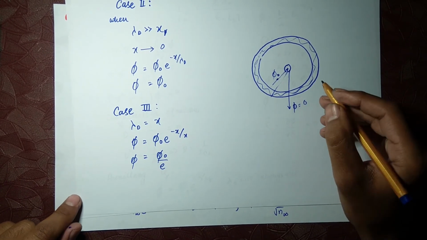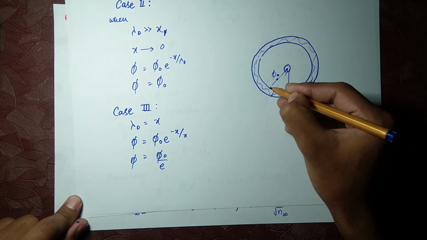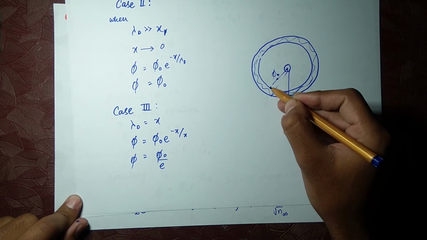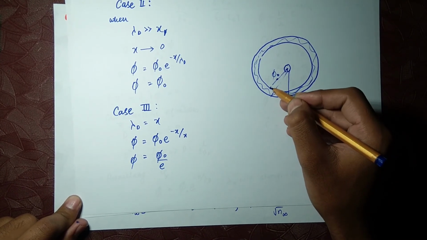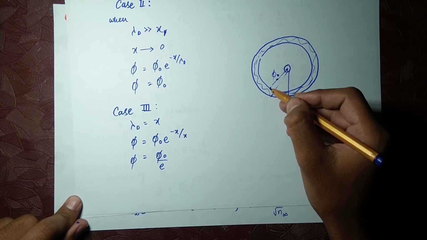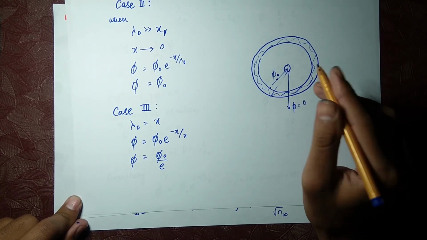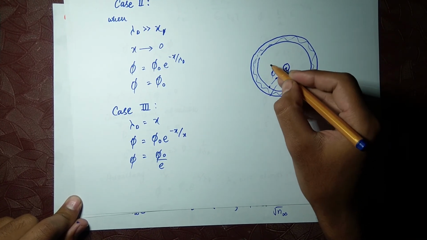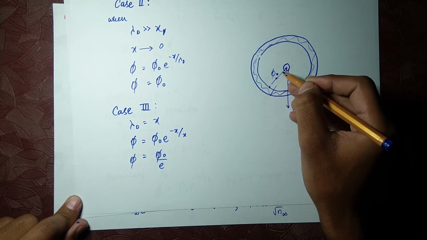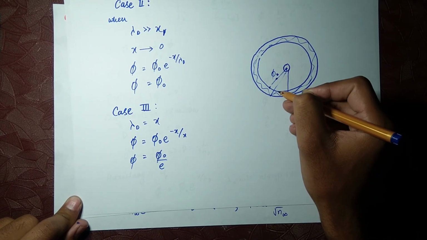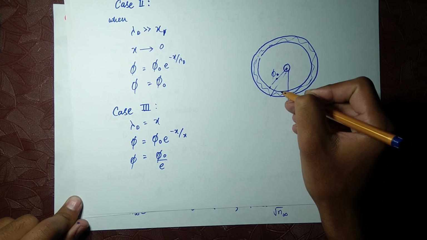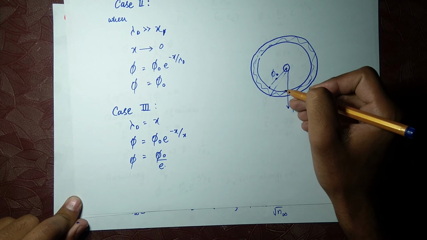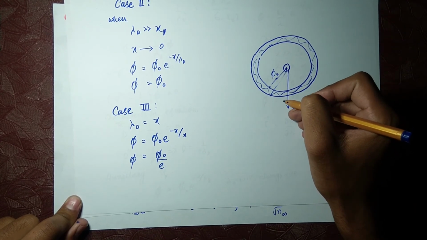What is the reason? When the particle reaches the boundary, it has an exponential drop. You can say that the function is discontinuous, it has an abrupt change. It has a maximal phi naught value here, but when it reaches here, it goes on decreasing. A rapid decrease occurs because of this exponential term, which causes it to be 0 outside the sphere.